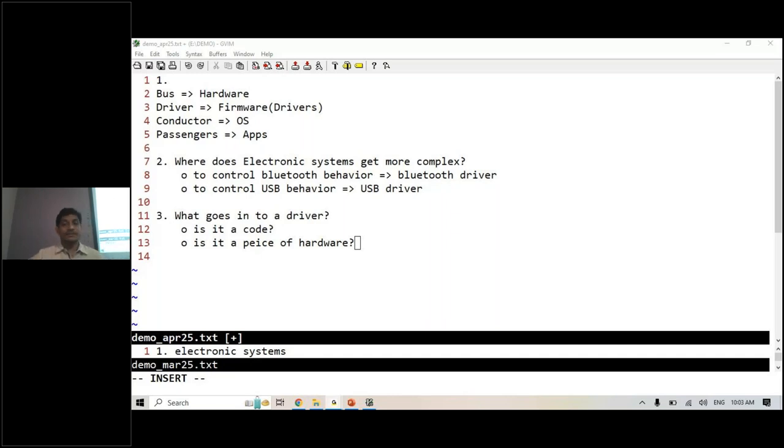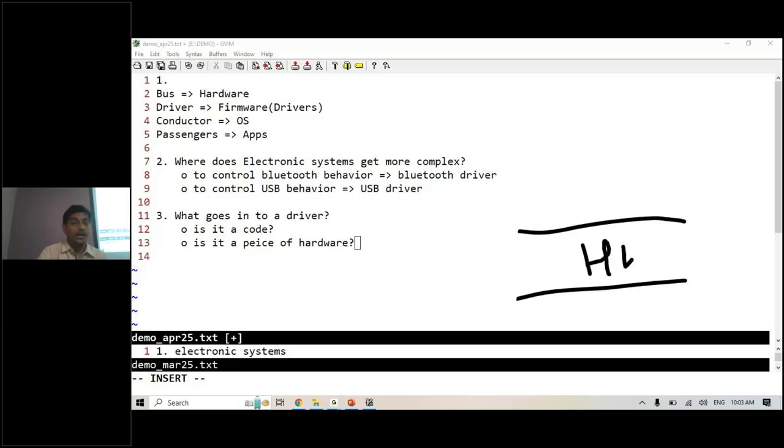Because between hardware and firmware, I'll just use the term firmware. You can use the same term for drivers, embedded systems, everything. To keep it simple, I'll use the term firmware.